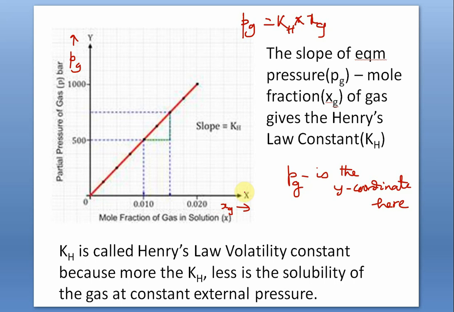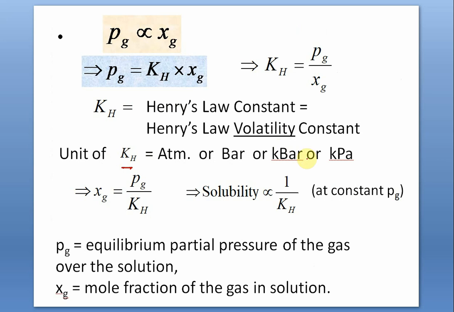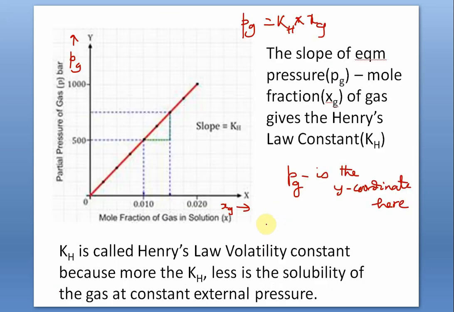That means solubility expressed in mole fraction. So more is the slope, more is the Henry law constant, and hence less is the solubility at a particular pressure. We just explained before that for a particular pressure, if you compare between different gases, you will find solubility and Kh, they are inversely related, right?